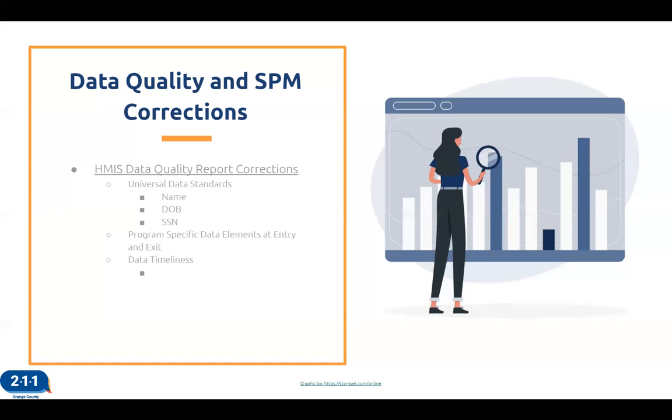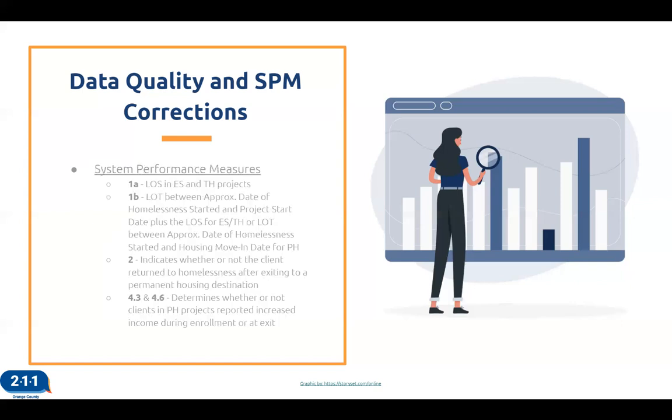And then also for system performance measures, if you can go on to the next slide, please. So I just want to do a quick overview of this. For the system performance measures corrections, we will include a number of measures. We have 1A, which will be the length of stay for emergency shelters and transitional housing projects.